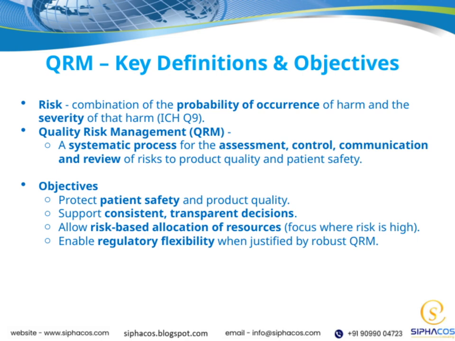And finally, when the risk management process is robust, it can even enable regulatory flexibility, giving us room to innovate and adapt when justified. In essence, QRM isn't just about managing risks. It's about creating a safer, more reliable process that benefits patients, supports regulatory compliance, and improves overall product quality.